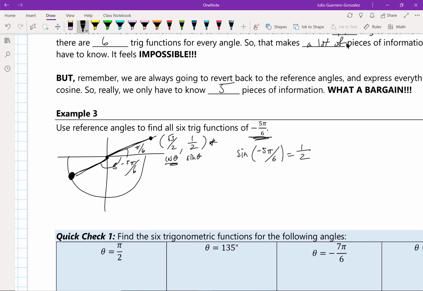The weekend was just not long enough, man. Okay. Cosine of minus 5 pi over 6, that is negative root 3 over 2.